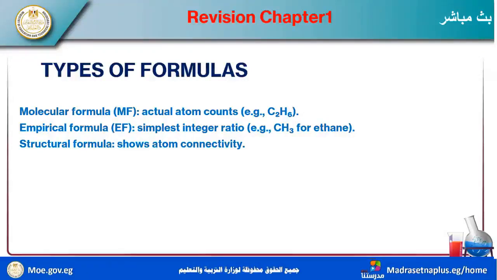The structural formula shows the shape of the atoms and the bonds between the atoms in space. We have 3 dimensions like in organic chemistry, but in inorganic chemistry it's not important to know the structural formula now.